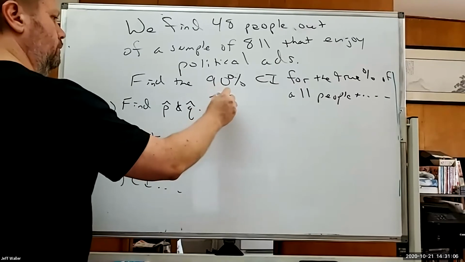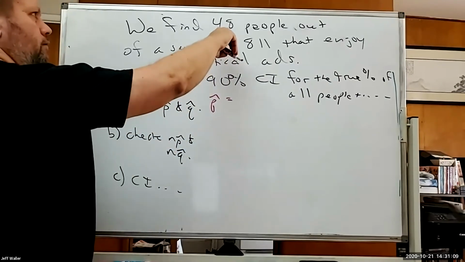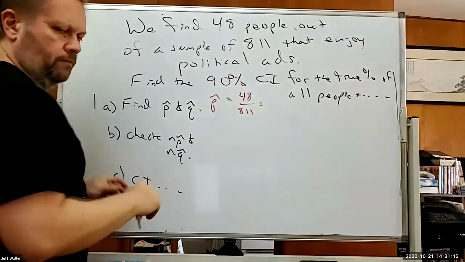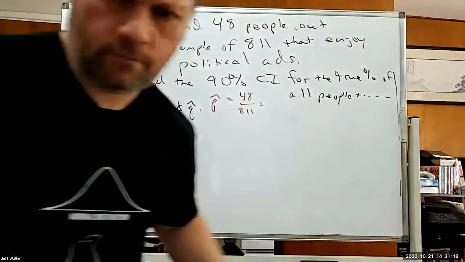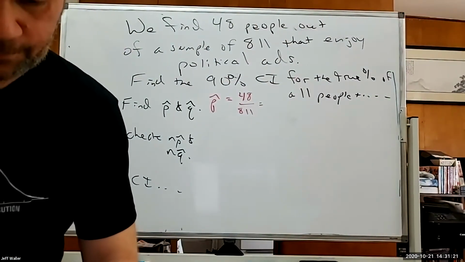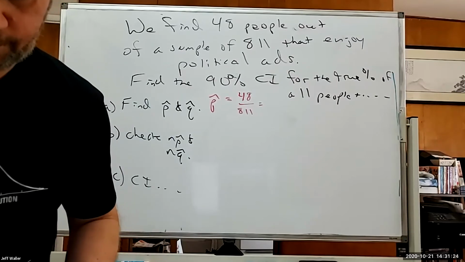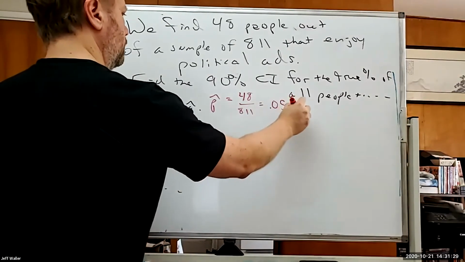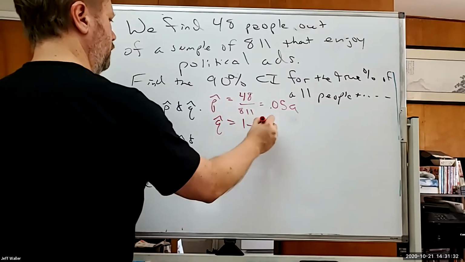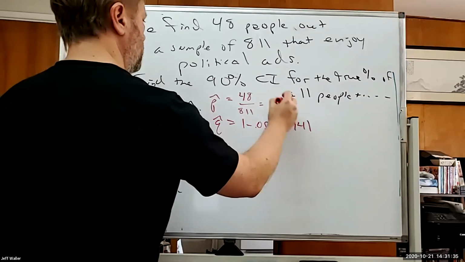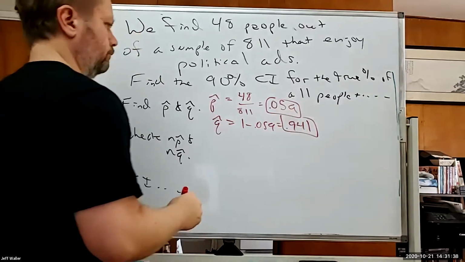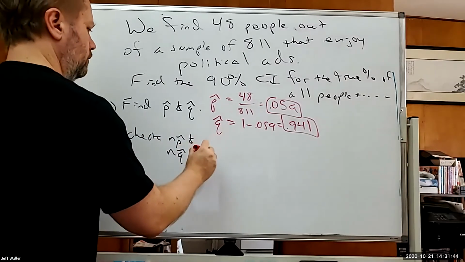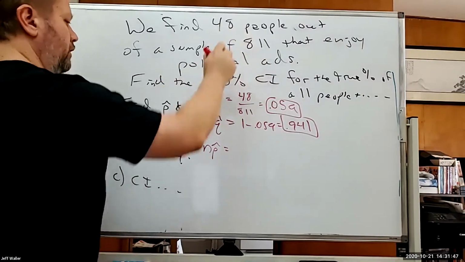So let's see. P hat would be 48 out of 811. What do you guys get for that? 0.059, yeah. Q hat is going to be 1 minus 0.059, which is 0.941. NP hat will be 48.